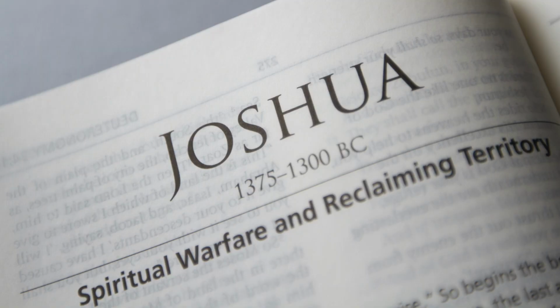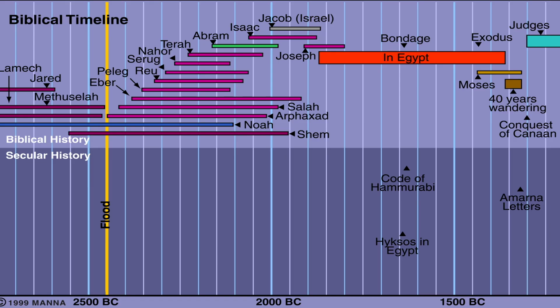With this lesson, we begin a 9-lesson study of the book of Joshua. There on the screen, you see it roughly, depending on the timeline you go by, roughly 1375 to 1300 BC, the time period covered. And this may help you a little bit. This one puts it out around that time period.